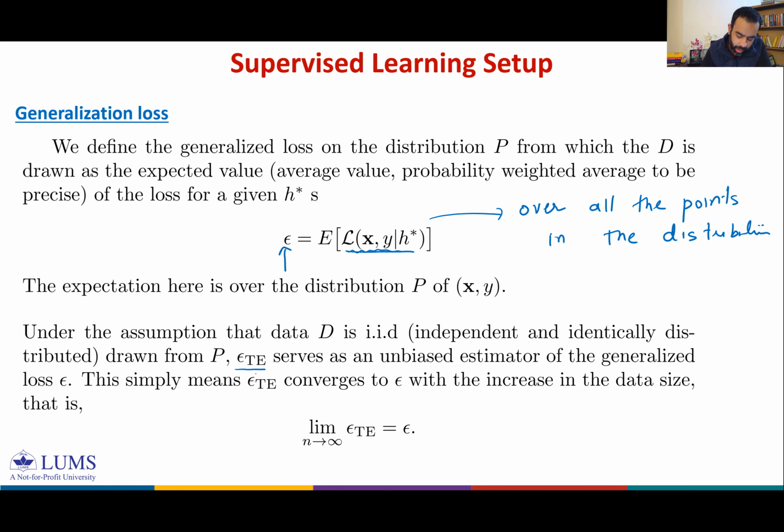This simply means that this loss on testing data converges to epsilon with an increase in data size. That is, if you keep on increasing data size, it means you're capturing all the points in the distribution. Testing error would approach the generalized error, generalized loss.